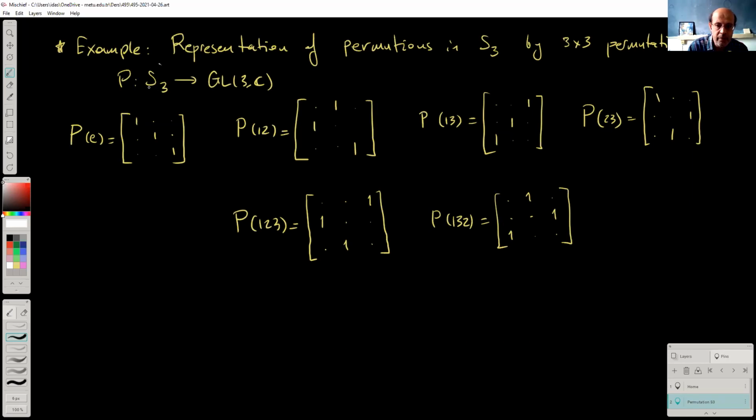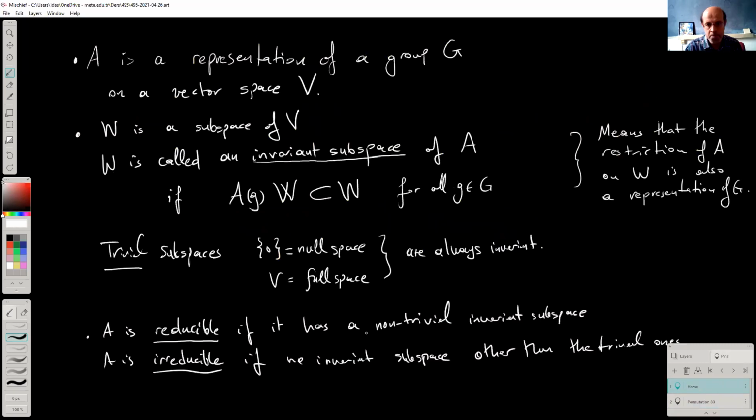Can I ask something? Yeah. From the previous page, I didn't understand the last statement. It says A is irreducible if there's no invariant subspace other than the trivial ones. Oh, okay. Great, thank you. I mean, forget about the trivial ones.